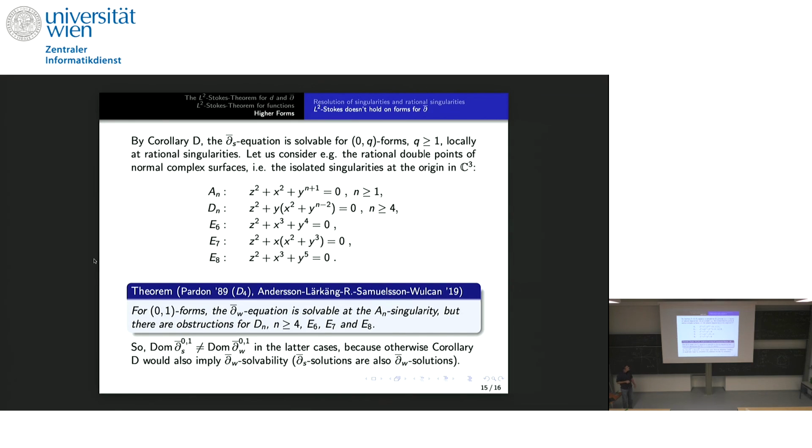But on the other hand, we know that the d-bar S, the strong d-bar, is solvable in rational singularities. They are all rational. So in these cases here, the d-bar W equation is not the same as the d-bar S equation.